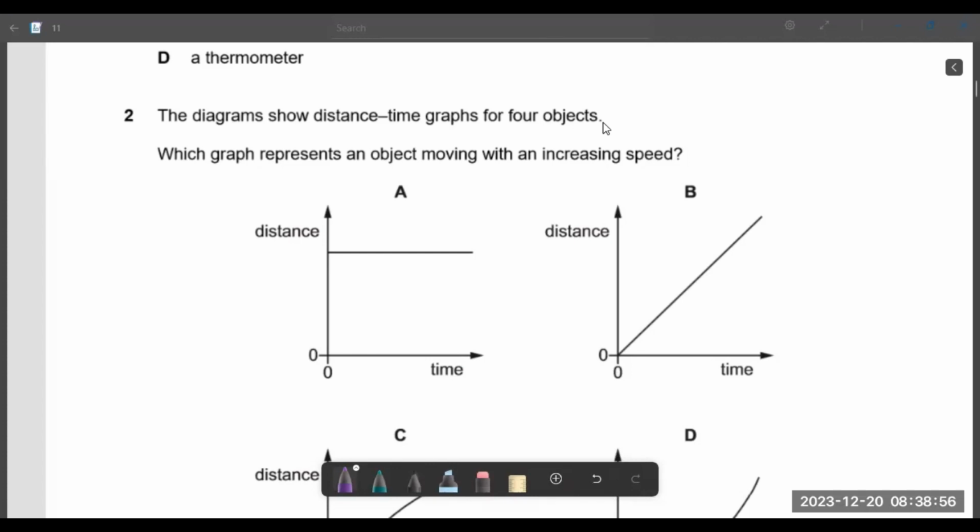This means as the time increases, the distance is not increasing, so the object is stationary. The gradient of this line is numerically equal to speed. And here we can see as time increases, the distance is increasing linearly. That means it is traveling at a constant speed.